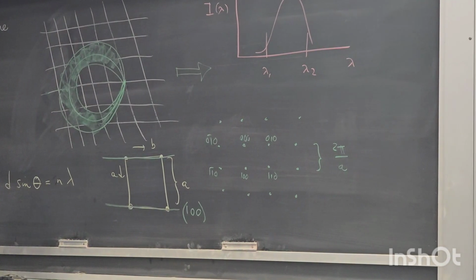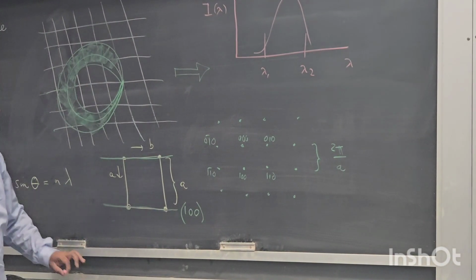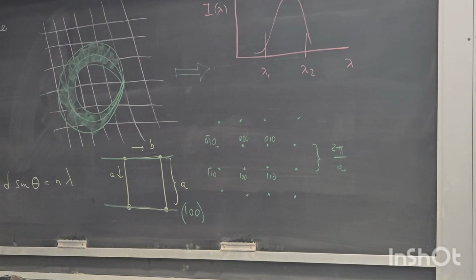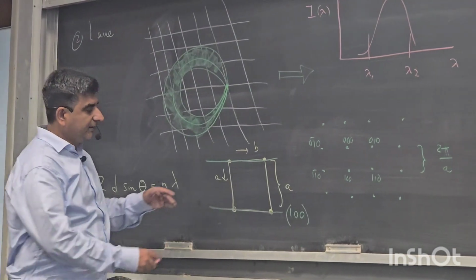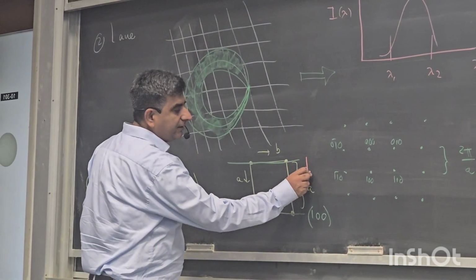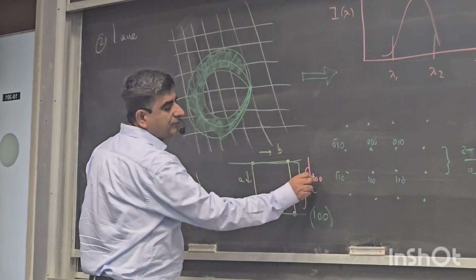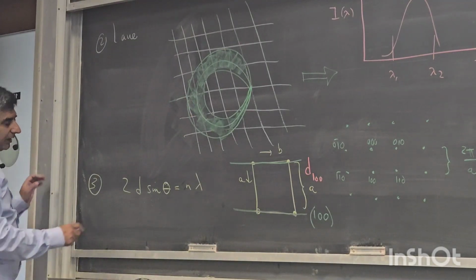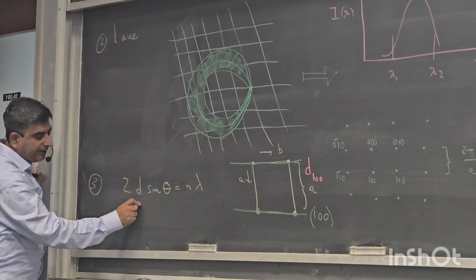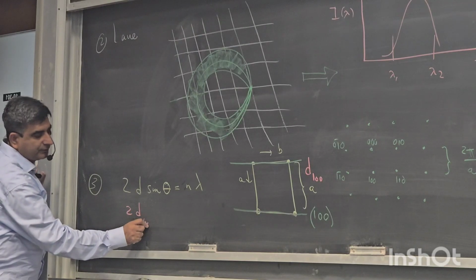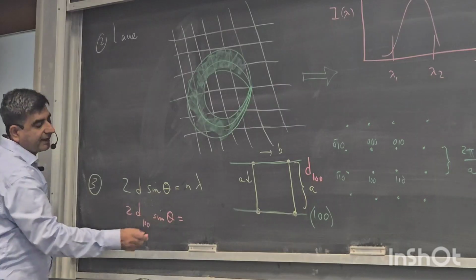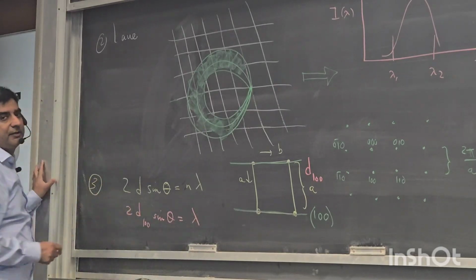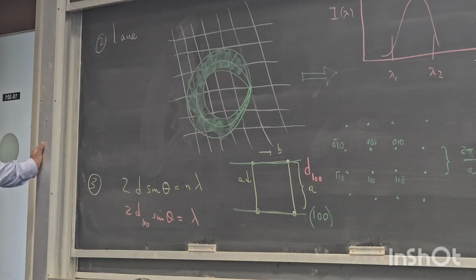Now for this plane the spacing is d 1, 0, 0. So I can write down the Bragg formula d 1, 0, 0 sine theta, let's say n equals 1, equals lambda. So this is a Bragg reflection condition.